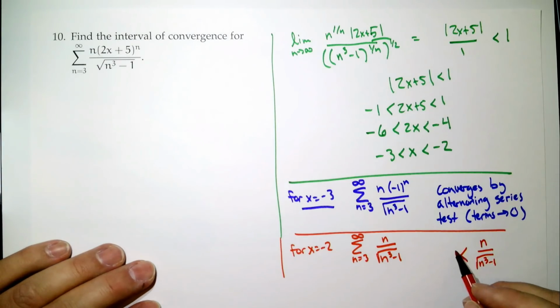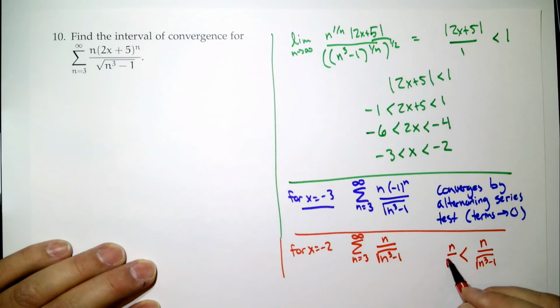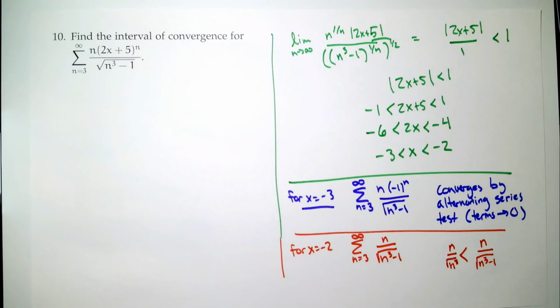Suppose I do nothing but remove the minus 1. Does my number go up or down if I remove the minus 1? If I remove the minus 1, the denominator increases, but then overall it's a smaller number. So removing that minus 1, which is why it was a minus, sets it up so that we could easily do a comparison.